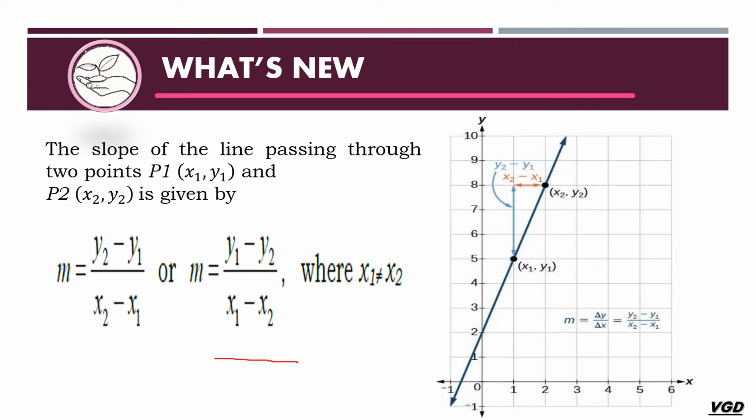And you cannot divide by 0. So this is the formula in finding the slope of a line.